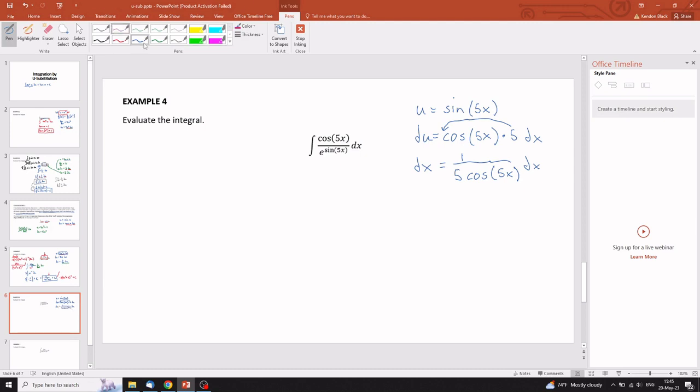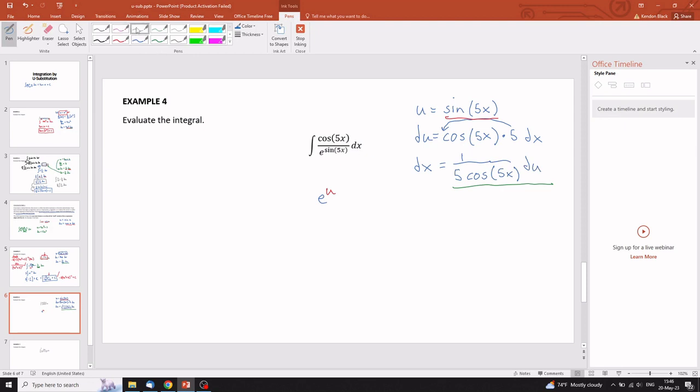Let's make our substitutions. Here's our u. So in the denominator, we're going to have e to the u. And here's our dx. And I made a mistake over there. That should have said d. Sorry about that. Okay.